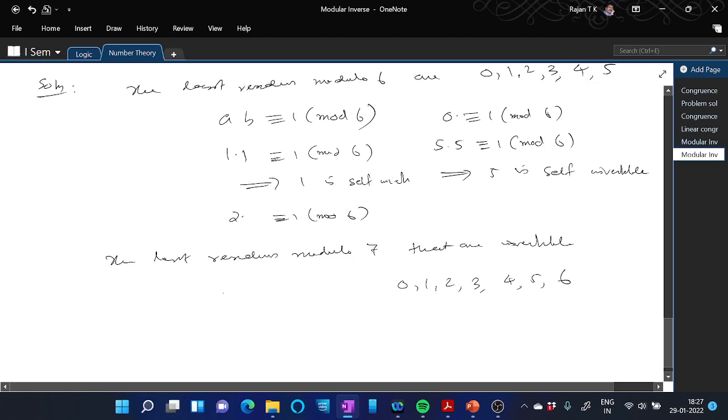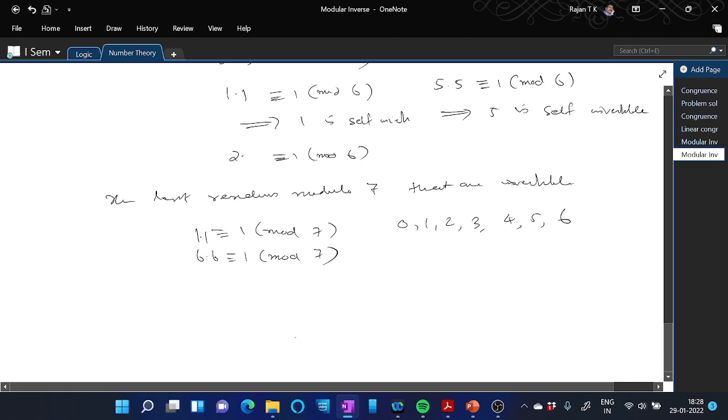You can see that 1 and 6 are self-invertible, because 1 into 1 is congruent to 1 mod 7. 6 into 6 is also congruent to 1 mod 7. Therefore 1 and 6 are invertible and they are self-invertible.